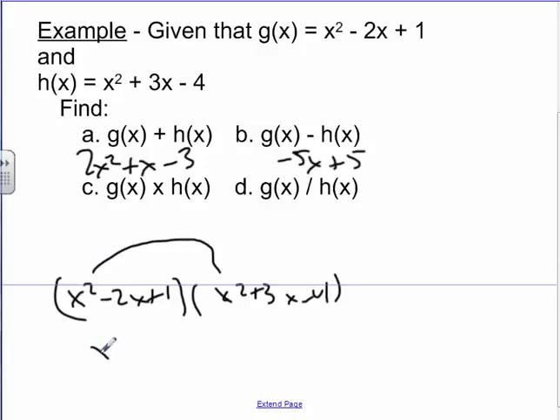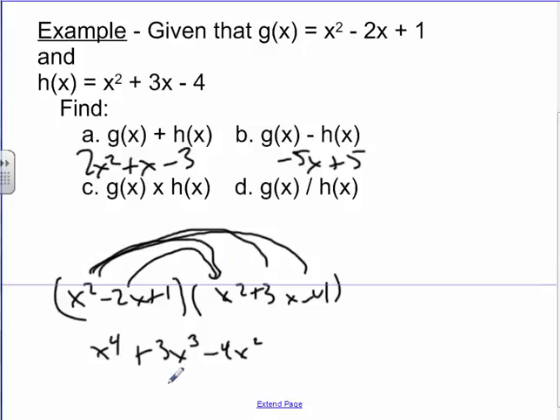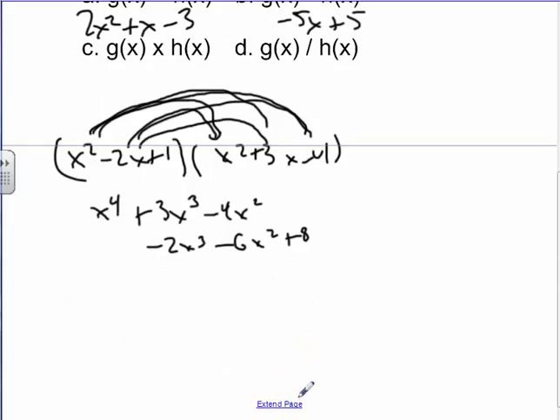X squared times x squared, x to the 4. X squared times 3x is 3x to the 3. X squared times minus 4 is minus 4x squared. Minus 2 times x squared is minus 2x to the 3. Minus 2 times 3 is minus 6x squared. Minus 2 times minus 4 is plus 8x. 1 times x is x squared. 1 times 3x is 3x. 1 times minus 4 is minus 4.